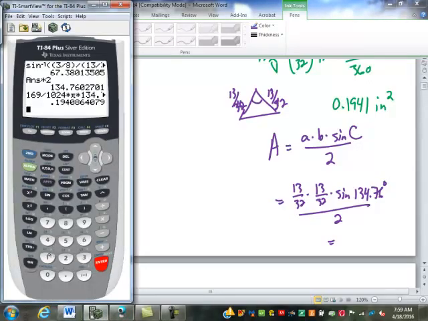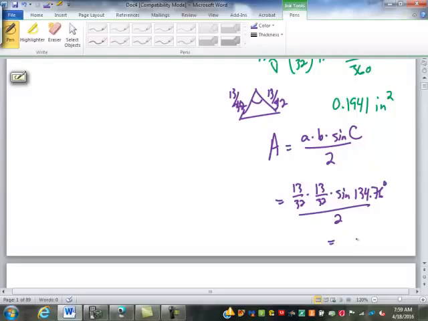So 13/32 times 13/32 is 169 over 1,024 again, times sine of 134.76 divided by 2. That's 0.0586.